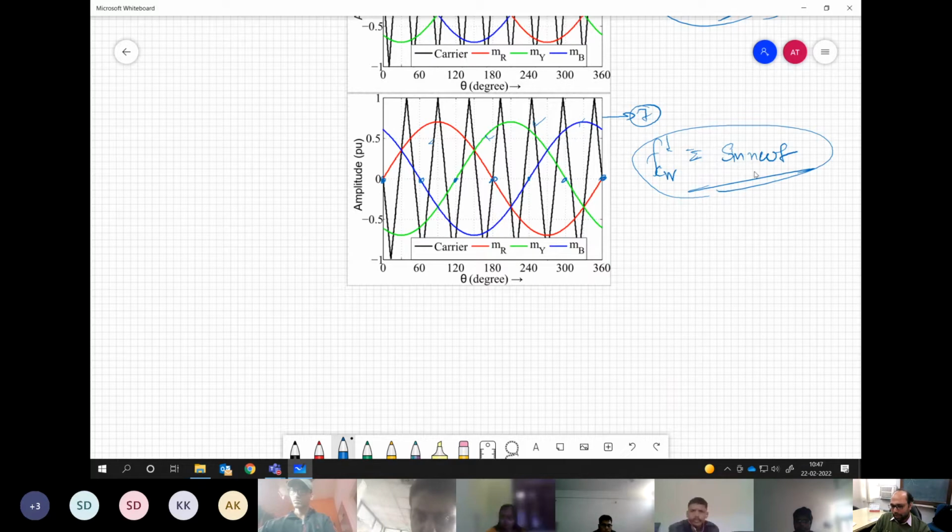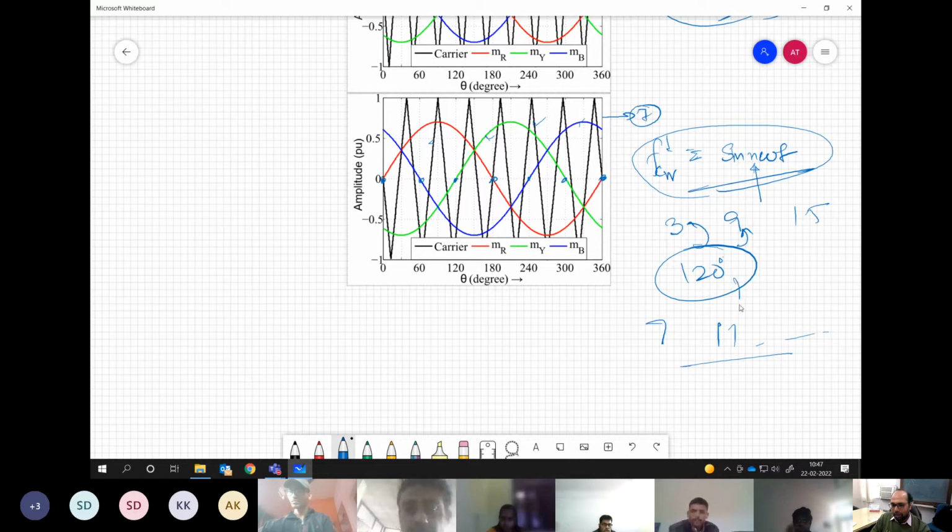But for this number n, if you have something like 3, 9 or 15, if you shift by 120 degrees, it repeats itself. That we have seen as the common mode. Whereas if you have something like 7, 11 or any other number, for a 120 degree shift, this will not match.